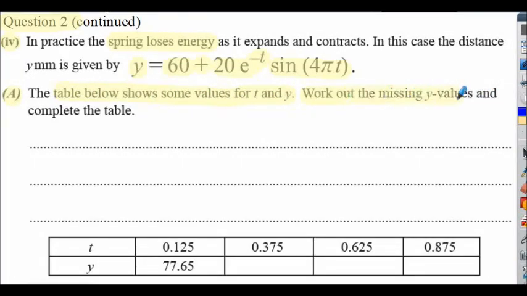We've got to work out the missing y values, so complete the table. I would encourage you to start the presentation and calculate these values using the above equation. We've now got an exponential function and a sine function to use in the calculation. The full worked solution is shown on the following slide.